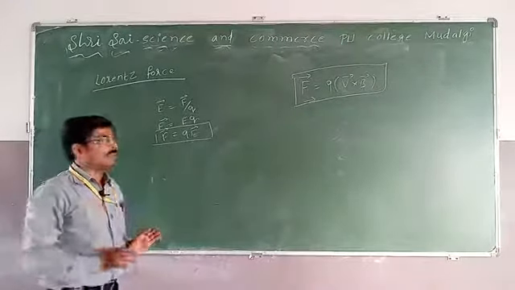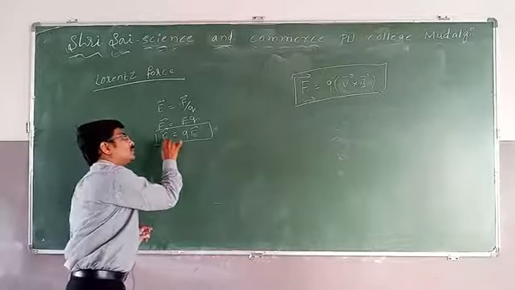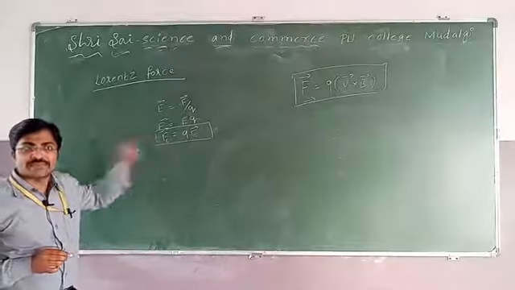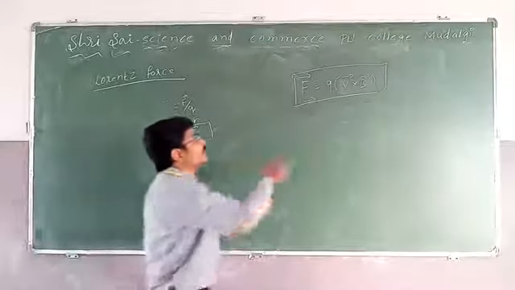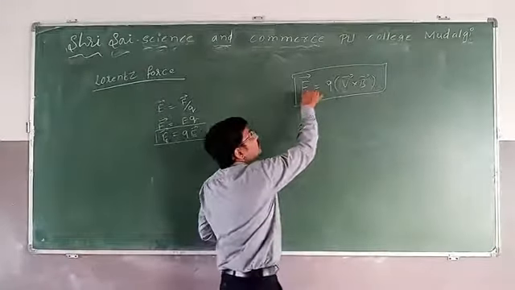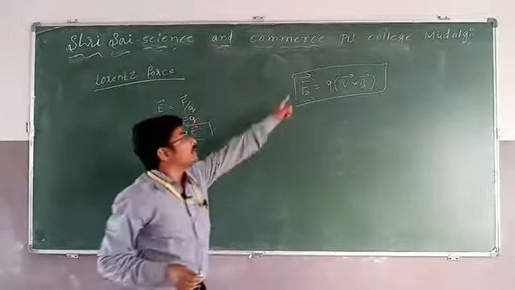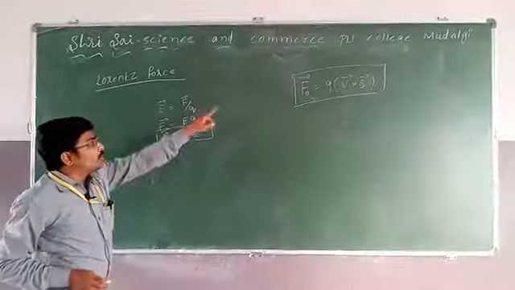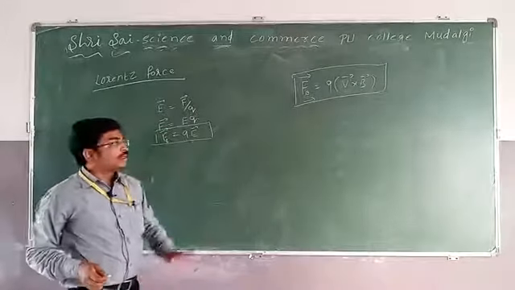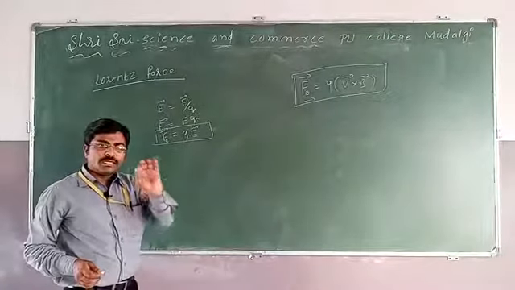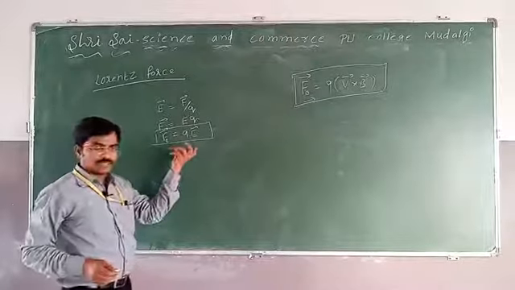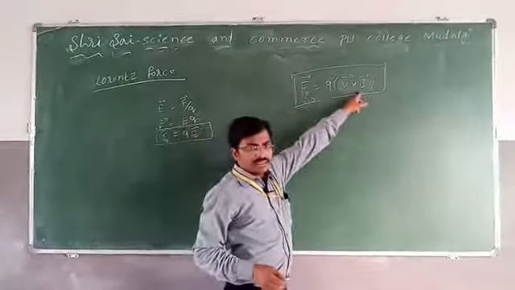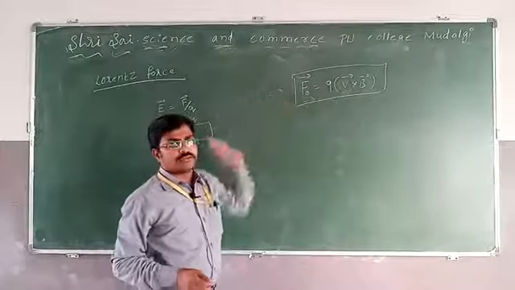To avoid confusion, I use the symbol small e only to show that this force is because of the electric field. I use one more symbol, B, to show that this force is because of the magnetic field. Both are forces only, but when the charged particle moves in an electric field, it experiences this much force. The same charged particle, if it is moving in a magnetic field, experiences this much force.